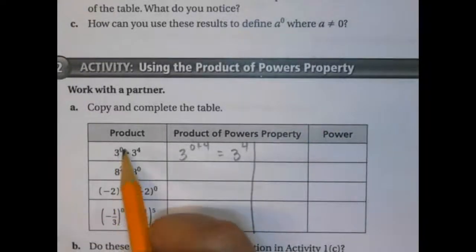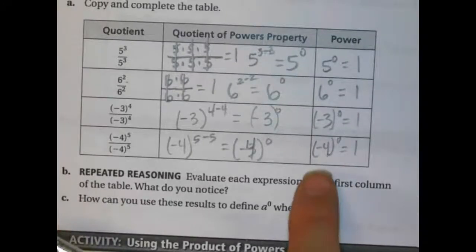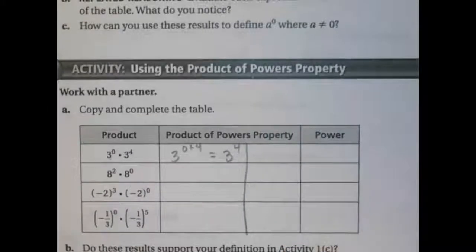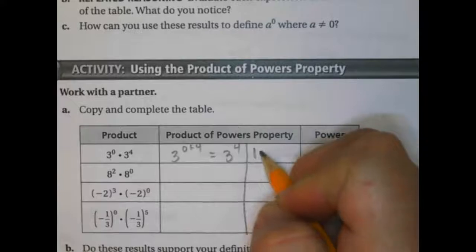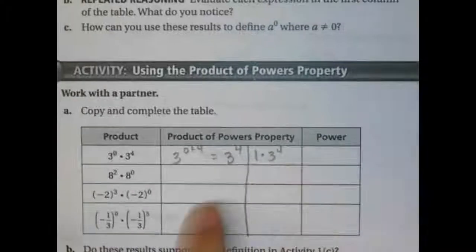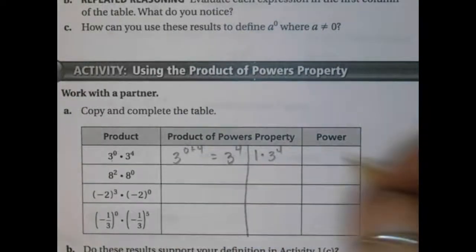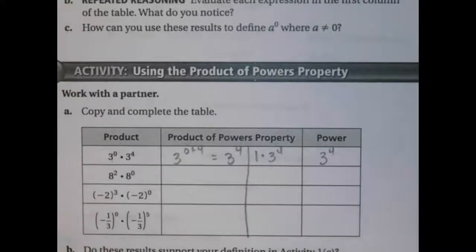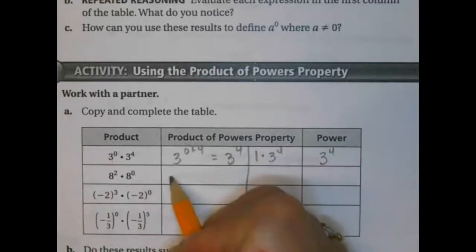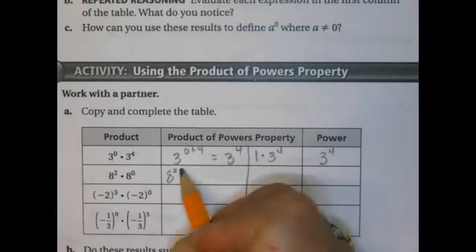What is 3 to the 0, based on this information up here? 1, right? So I can say 1 times 3 to the 4. And what is that answer going to be either way? 3 to the 4th. Does that make sense? Okay. So you need to make sure you're looking for that exponent to make sure that it's not something that's going to trip you up. So I have 8 to the 2nd plus 0.